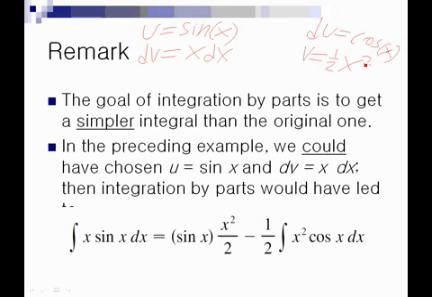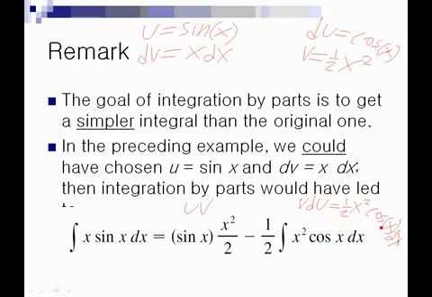So your uv will be x squared over 2 times sine of x, and your v du now will be one half x squared cosine of x dx.